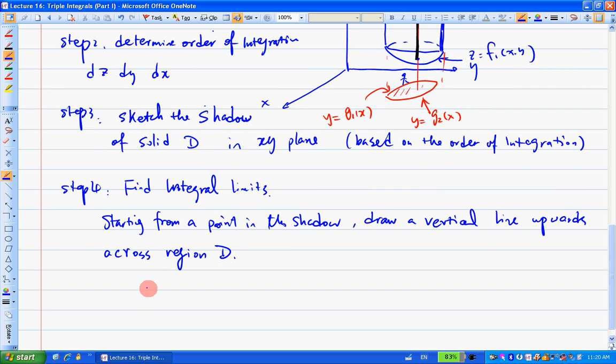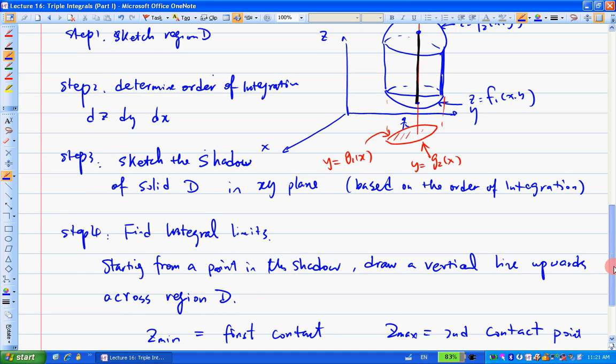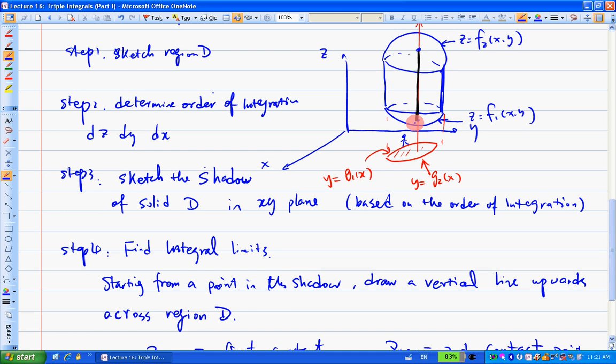Then my z min is the first contact, and z max is the second contact point. All right, so now let's see what my min and max are. Where does it hit? It hits the bottom surface here, right?